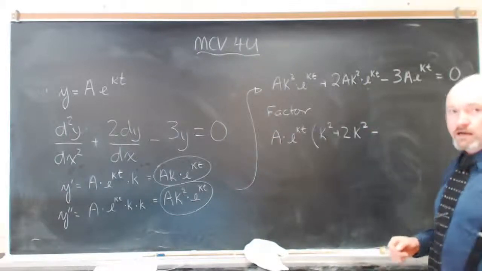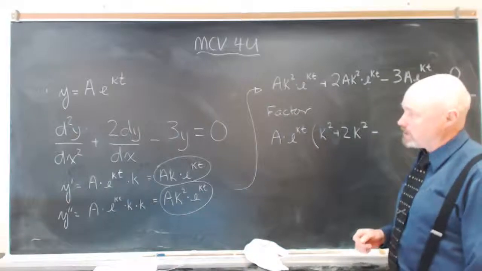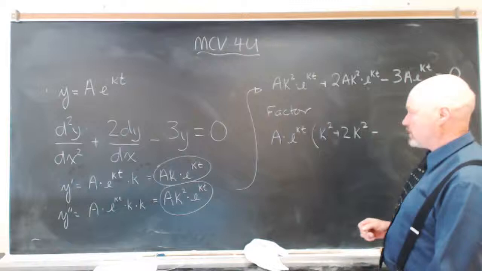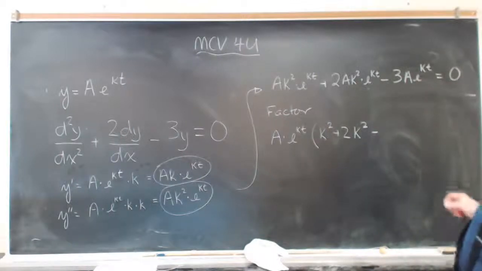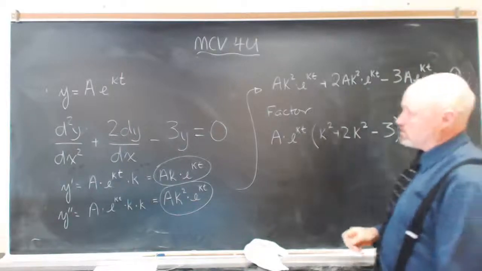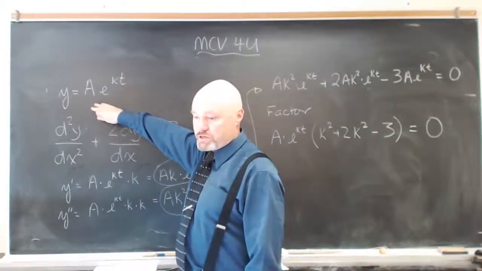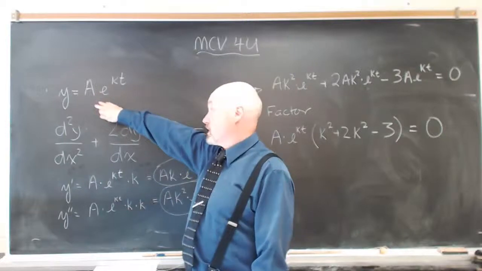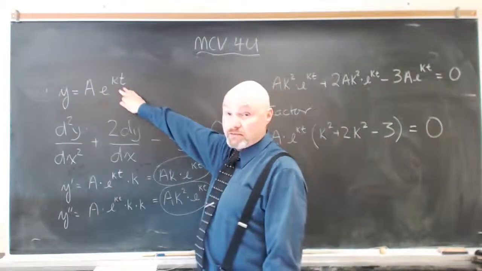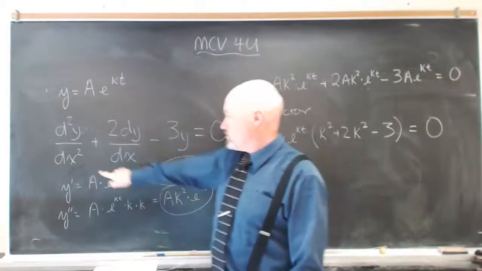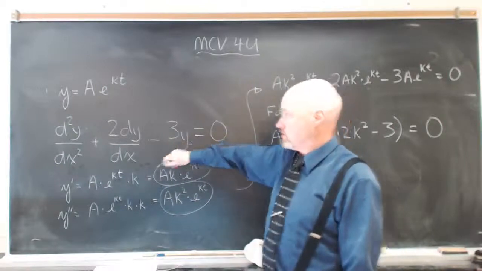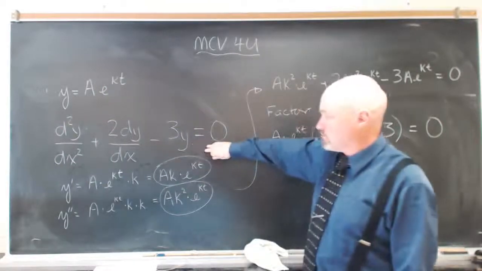Megan and I are just going over question number 10 from derivatives of exponential functions from a couple of days ago. Okay. And so you were given this relationship that was basically just an exponential function. Y equals A times e to the exponent kt. And you're told the second derivative plus 2 times the first derivative minus 3 times the function itself is equal to 0.